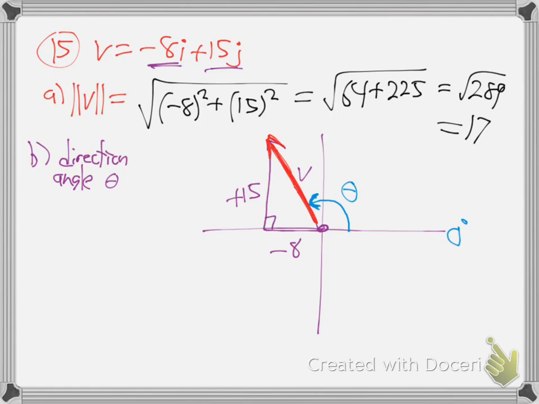So what direction angle is that vector? We know how long the vector is. The vector's length is 17. But what's its direction angle? Something more than 90, huh? Less than 180. We can see that much. How are we going to find out exactly what it is?